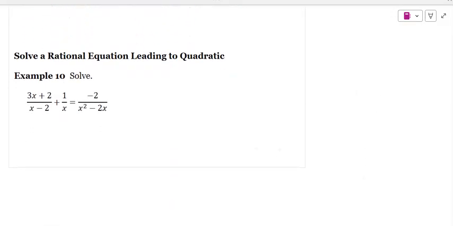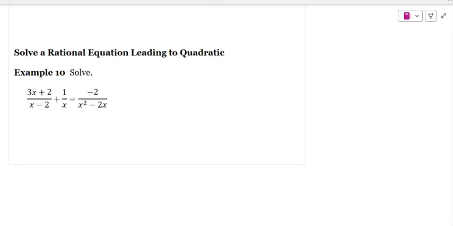All right, this is an equation that we solved in a previous section by clearing the denominators. We're going to do the same thing again, but this one is actually going to end up being a quadratic. So let's recall what we've done previously. The first thing that we did was we wanted to get rid of the denominators by multiplying by the least common denominator. So we have an x minus 2 as one of our denominators.